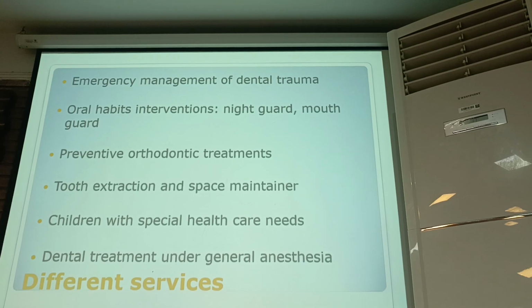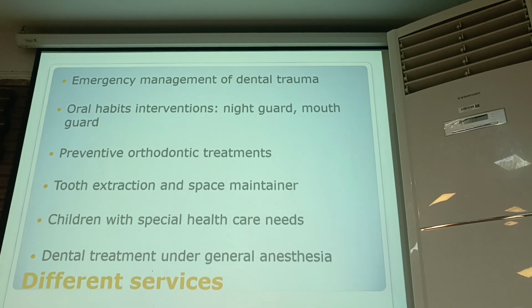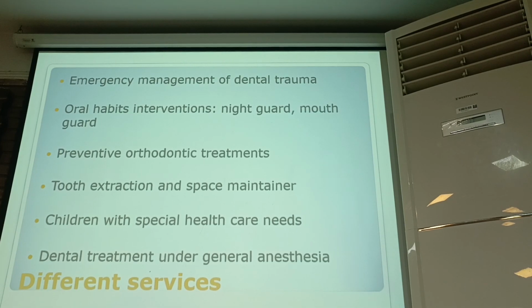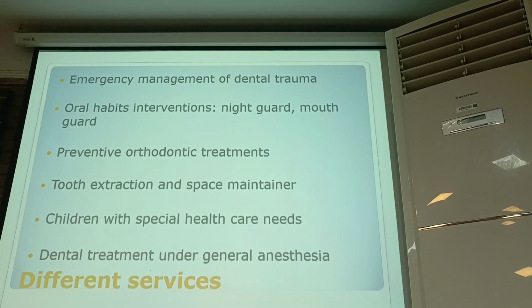And mouth guard is for after ortho, I think. After ortho you use mouth guard. This is for preventing dental trauma, especially in high contact sports, for example, boxing, martial arts, taekwondo, karate, and other kinds of martial arts.